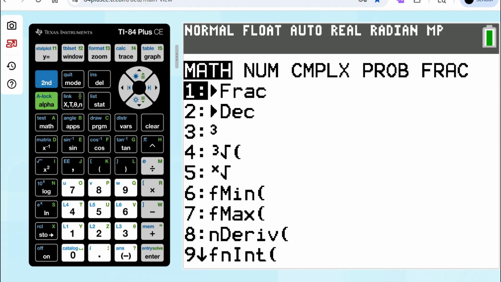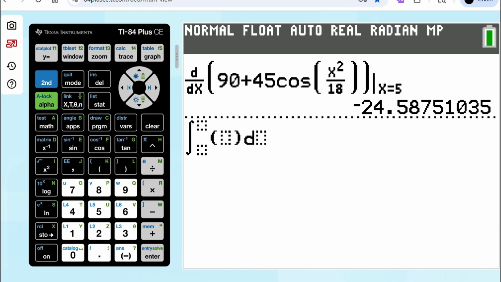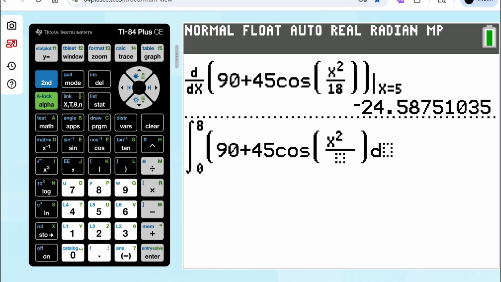So we hit math. You're going to go down to option number 9, or just hit 9. And now we want an integral from 0 to 8 of that same exact function, which was 90 plus 45 times the cosine of x squared over 18. And we put our dx out there.